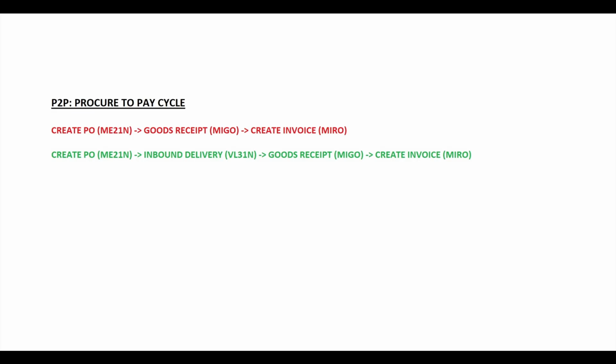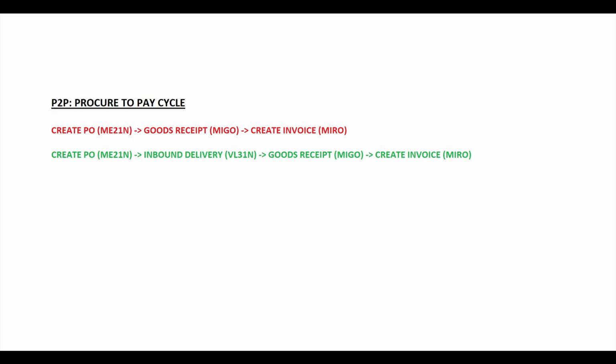To enable this inbound delivery, there is a tab in the purchase order at line item where you select that it should be received against the inbound delivery, and that tab is called confirmation.